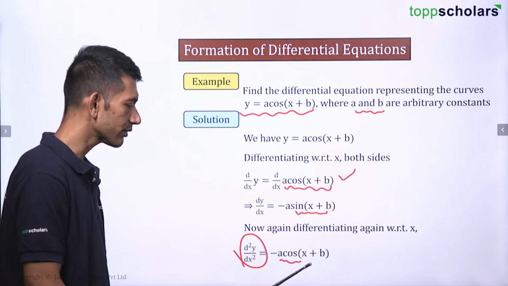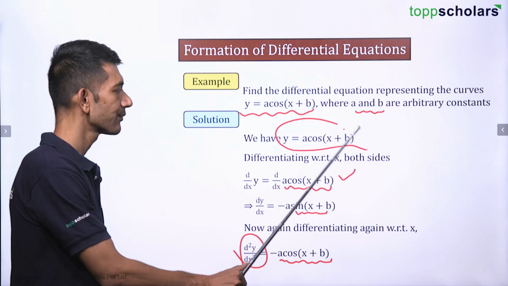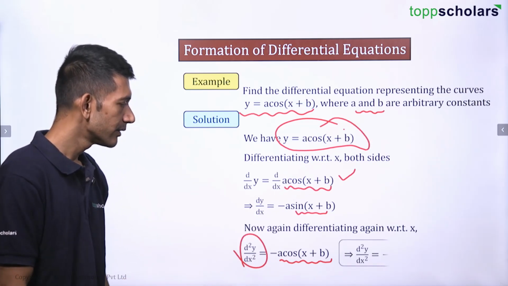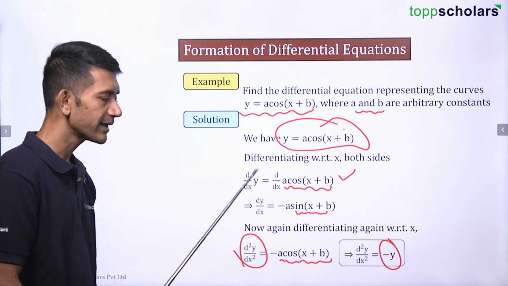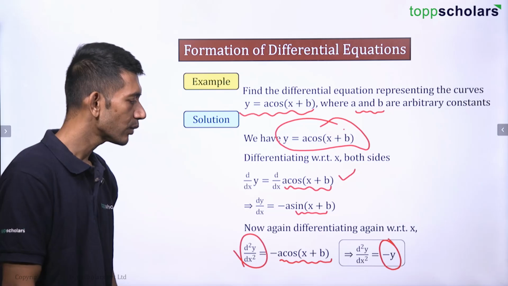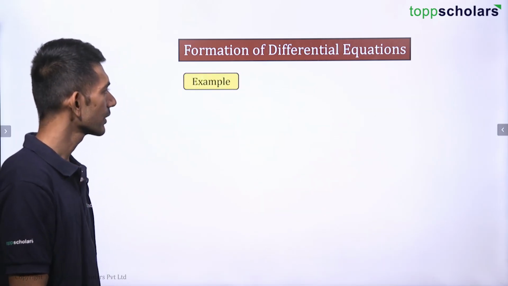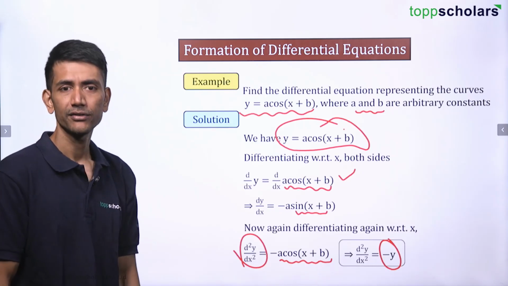But what is a cos(x + b)? It is nothing but y. So I can put y over here, that becomes minus y. So d2y/dx squared equals minus y. Shift minus y to the other side. So we get d2y/dx squared plus y equals 0, right? You can write it down like that as well.